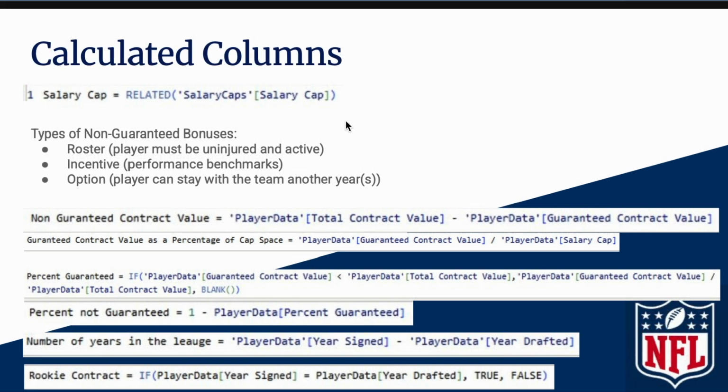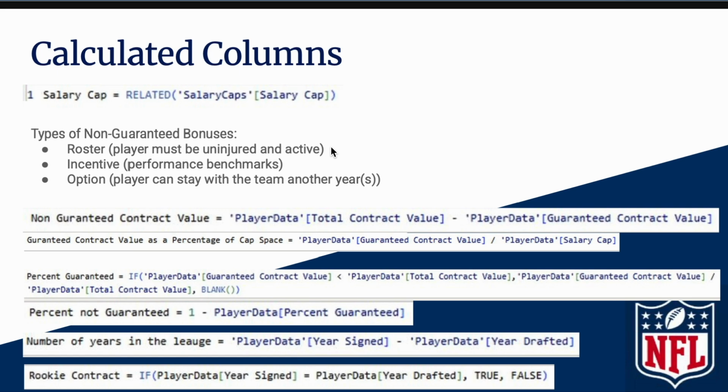So, some calculated columns. This first one is to get salary caps into the player data table. We can use the RELATED function there. And then contract-wise, for each contract, there's usually guaranteed money and non-guaranteed money. Some examples of non-guaranteed money could be roster bonuses: if the player is not injured and active on the roster, they can get that bonus.